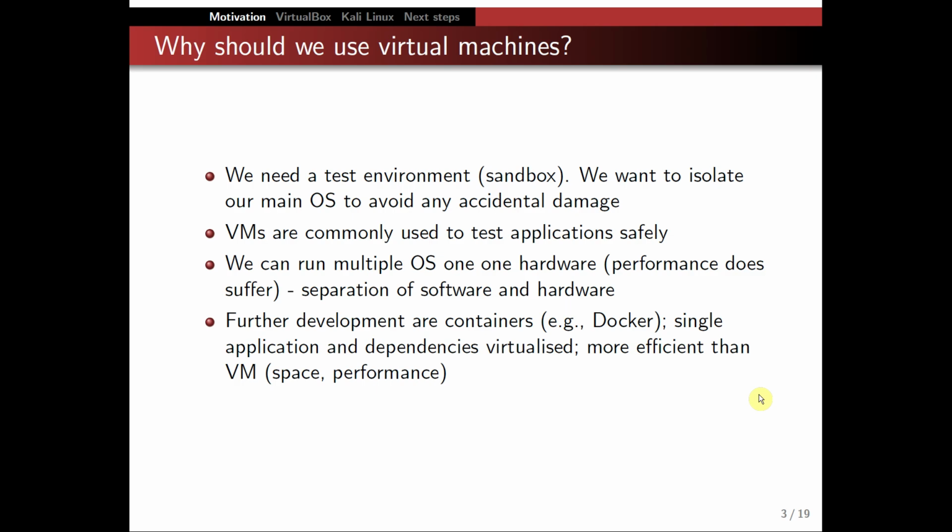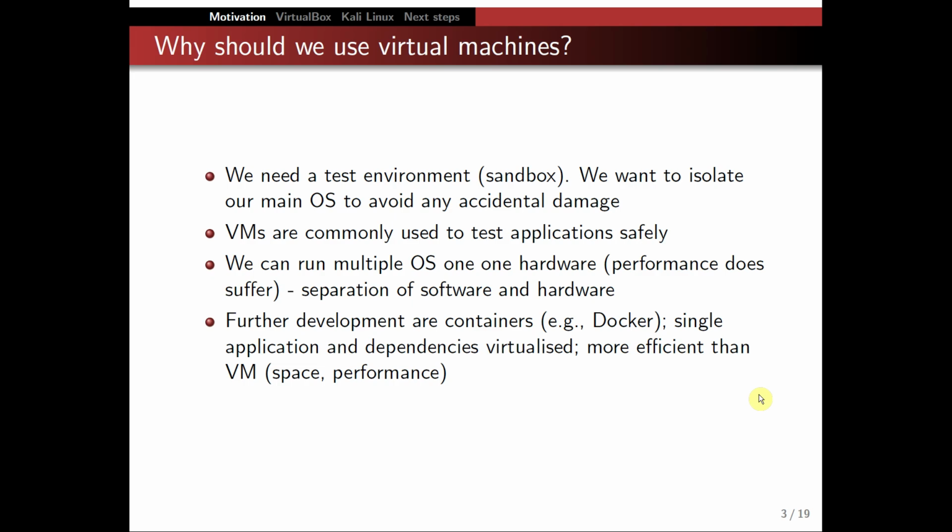Now, virtual machines are used quite frequently, in particular in software development, when you want to test new applications, and also if you want to test whether applications run in different environments. So for instance, if you develop applications for desktops, you would like to check, do they run on Windows and maybe other operating systems.